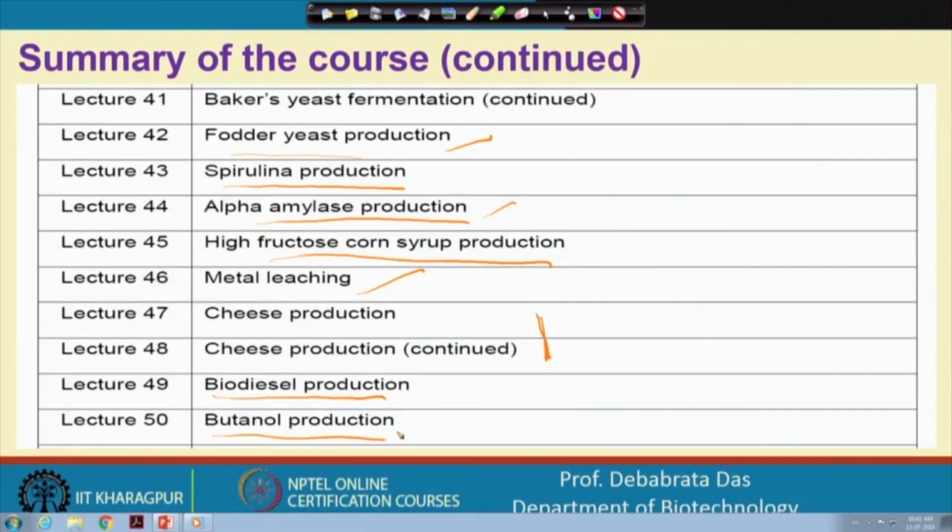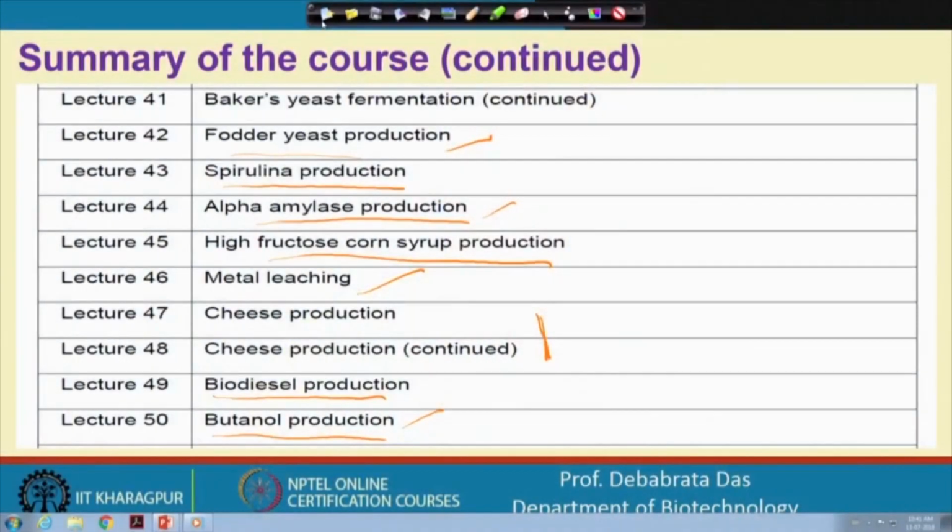Nowadays algae, microalgae also contain a high amount of lipid that can be easily converted to biodiesel, and we found it suitable for biodiesel production. Then butanol is also produced through the fermentation process. This is the old process, the acetone butanol fermentation process we know very well. That was also invented during the Second World War, and this is largely available in the market.